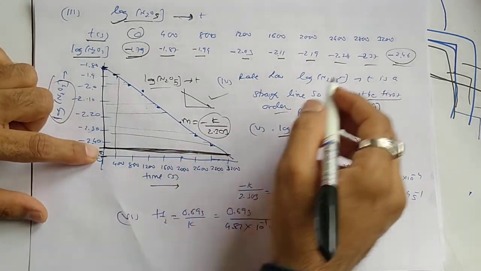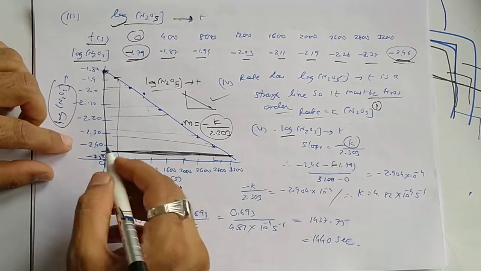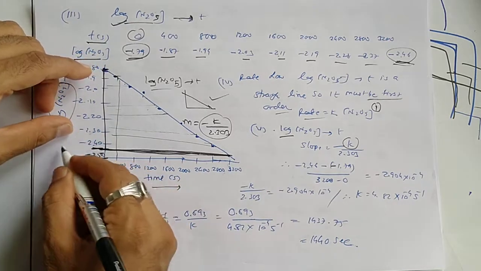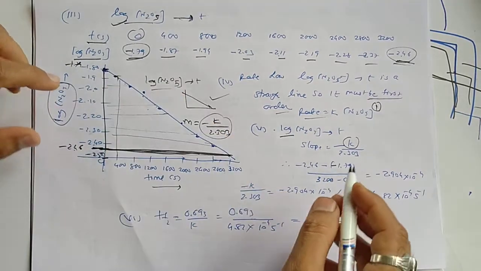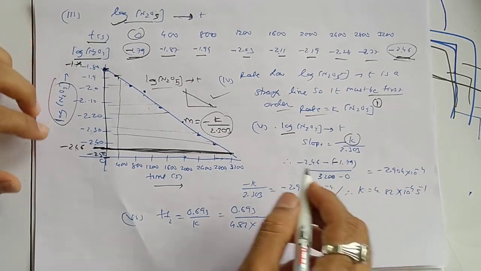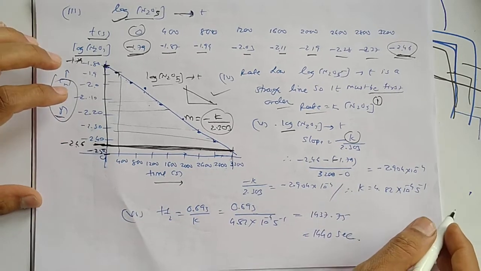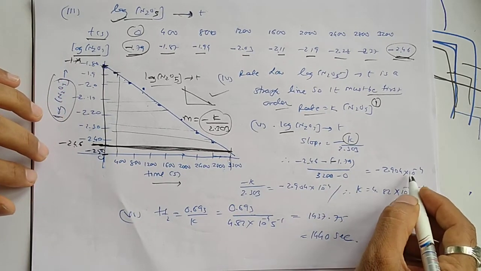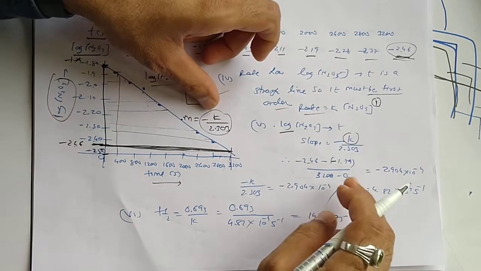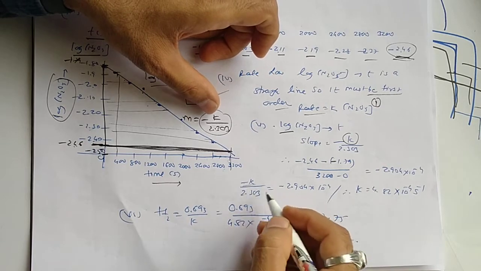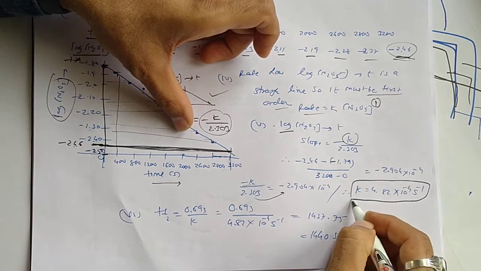So minus 2.46 minus (minus 1.79) divided by 3200 minus 0 gives minus 2.094 into 10 raised to minus 4. Now compare both, minus minus cancel, 2.303 comes here, so the value of k is 4.82 into 10 raised to minus 4.